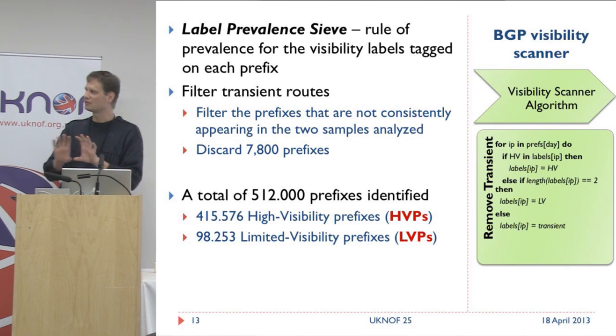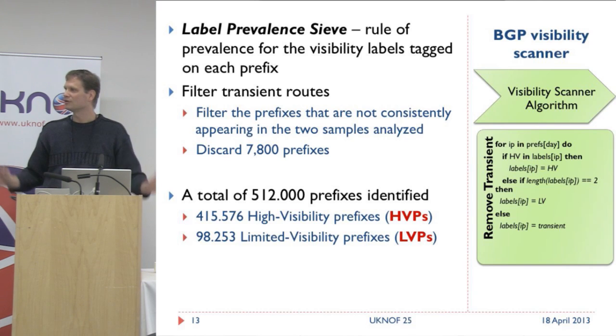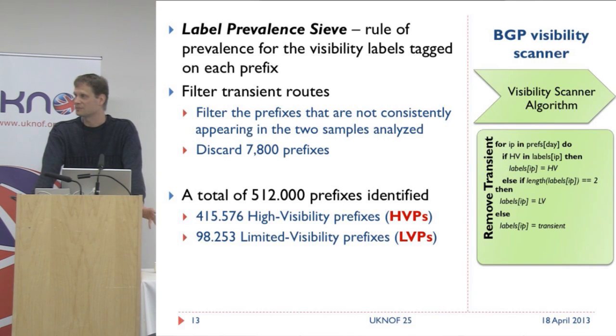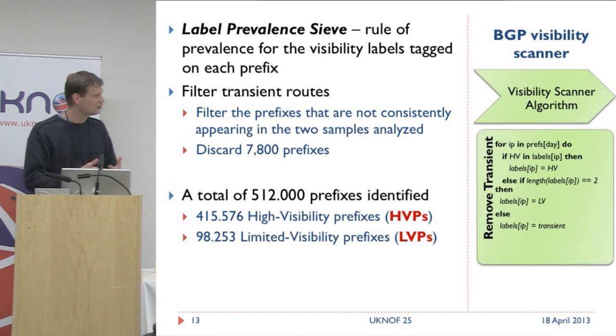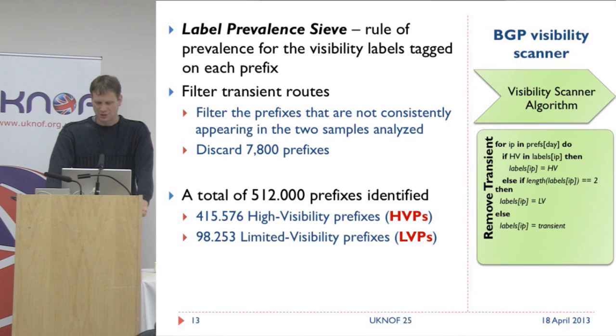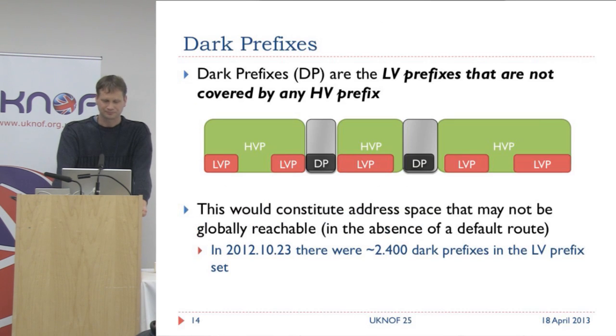But others are really consistent over a long period in time present. So we are more interested in those which are constantly, permanently in the routing table, but do not propagate everywhere. And that can be either intentional or unintentional. And we would like to tweak our algorithm a little bit further by really distinguishing between those two cases.